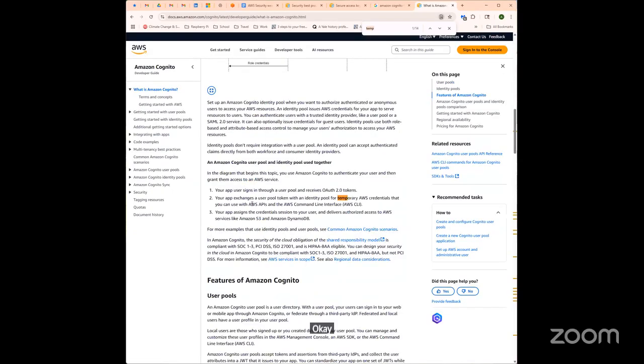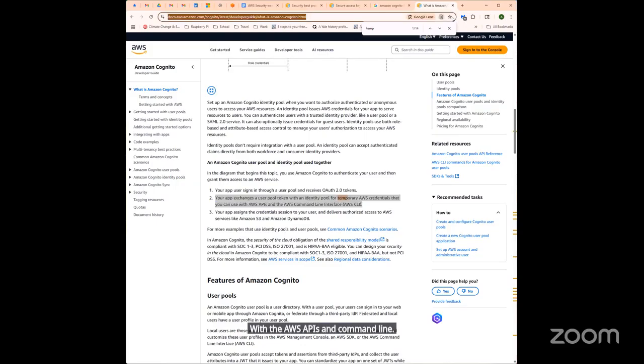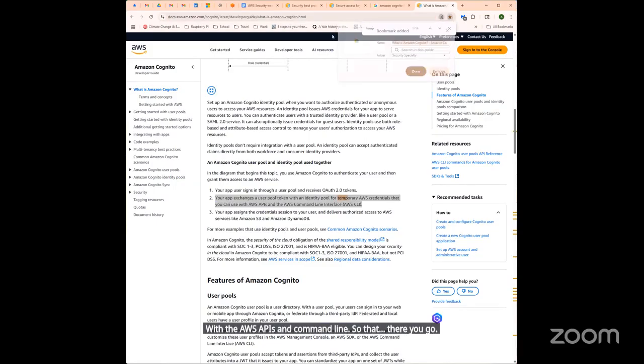Okay, so your app exchanges a user pool token with an identity pool for temporary AWS credentials that you can use with the AWS APIs and command line. So there you go. All right, so why are the other answers incorrect?